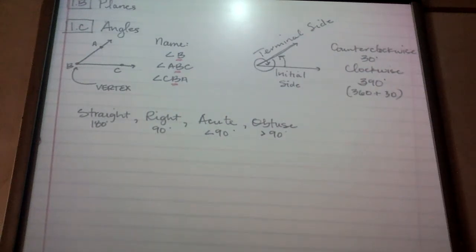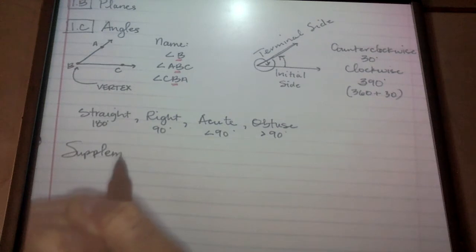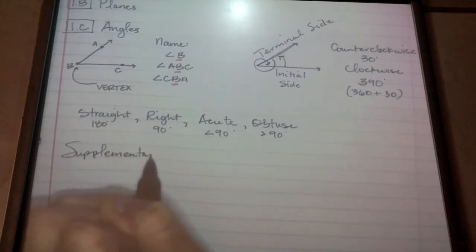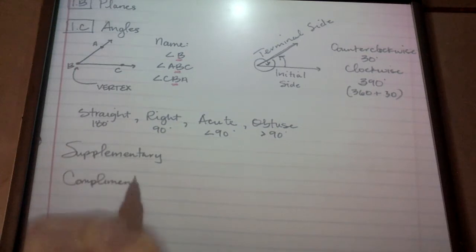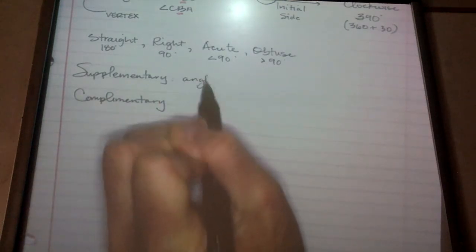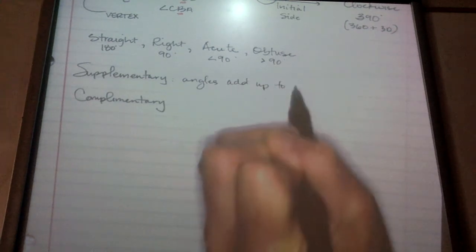Two things that are super important for the homework are the ideas of supplementary and complementary. Now, this is all in the book, but I am going to do an example with you on how the homework is set up at least. So supplementary means that the angles add up to 180 degrees.